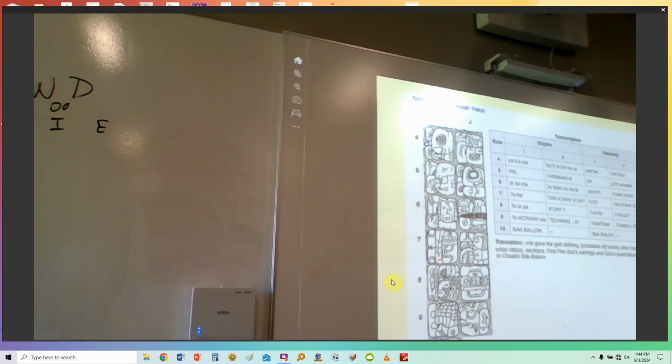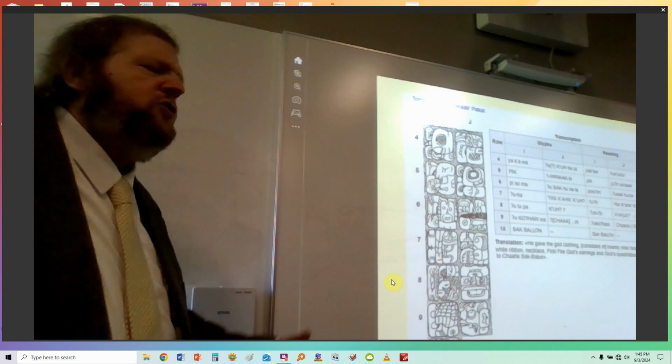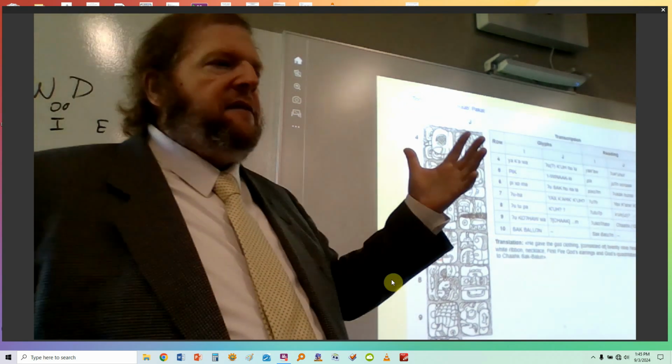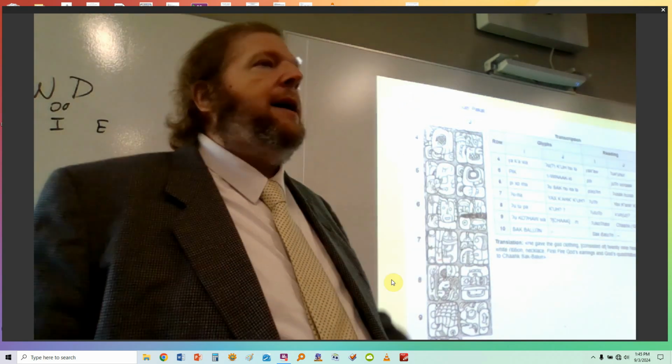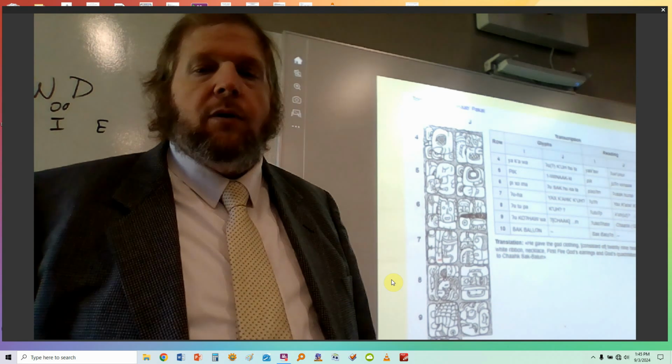And now we can start reading it, and because they knew Maya, because there's still Mayans around, and there's still some people who speak Maya, actually a lot of people, they can then figure out what the writing was saying and translate it. But it took a long, long time and a lot of piecing together of all these different pictures. Because again, it's a picture-based system, so they need a picture for every kind of concept. Well, I shouldn't say that. It's a picture-based system, but the pictures change when they're combined together in syllabic form to make words.